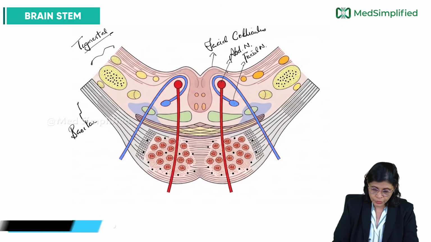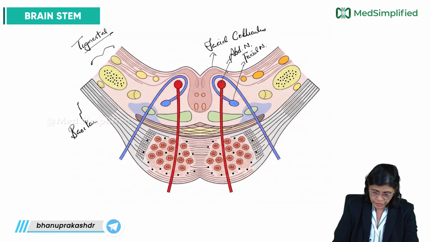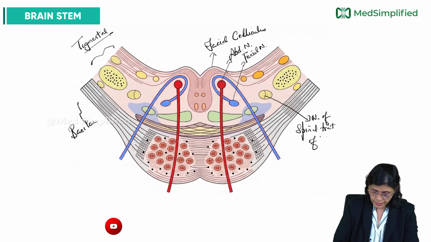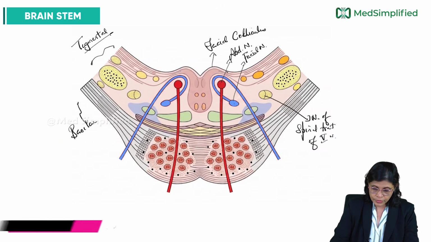The fibers of the facial nerve wind around the abducens nucleus, forming this facial colliculus, and then they pass anteriorly between the facial nucleus and this one. This is the nucleus of the spinal tract of the trigeminal nerve.